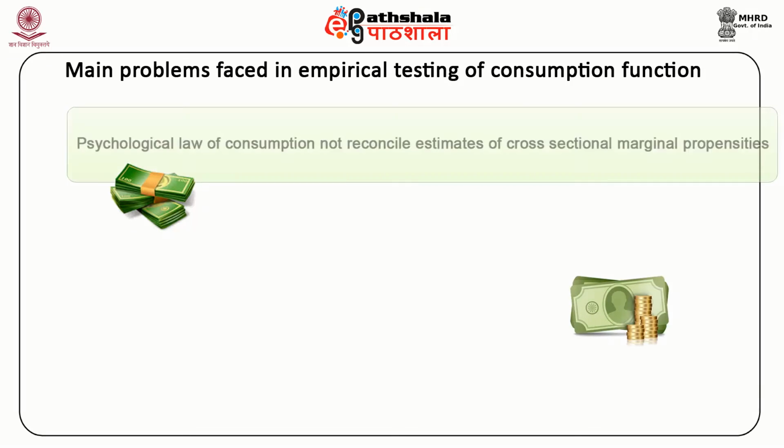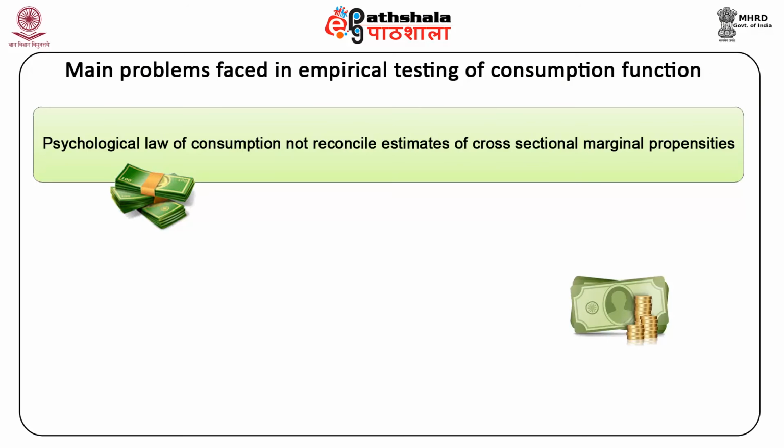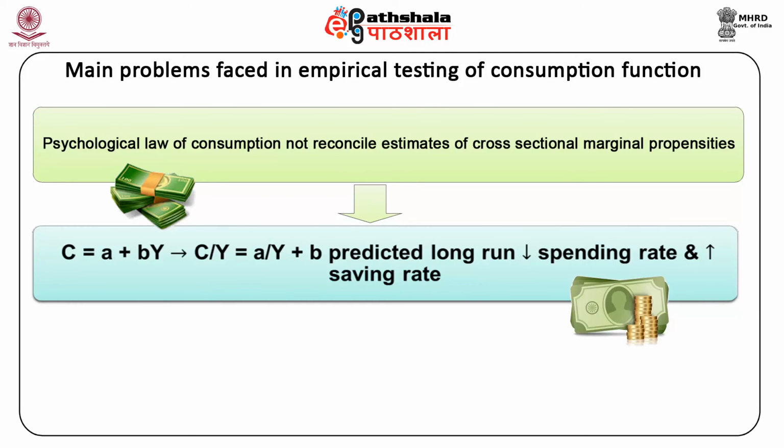First, the psychological law of consumption could not reconcile the estimates of cross-sectional marginal propensities. Second, the model C = A + BY, when transformed into an average consumption model, that is C/Y = A/Y + B, predicted a long-run declining spending rate and rising saving rate.